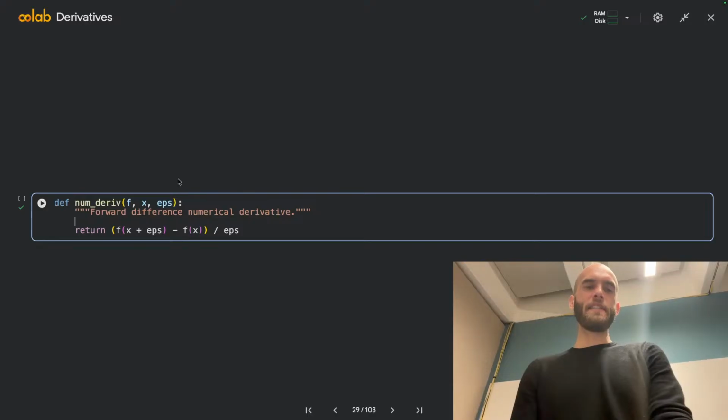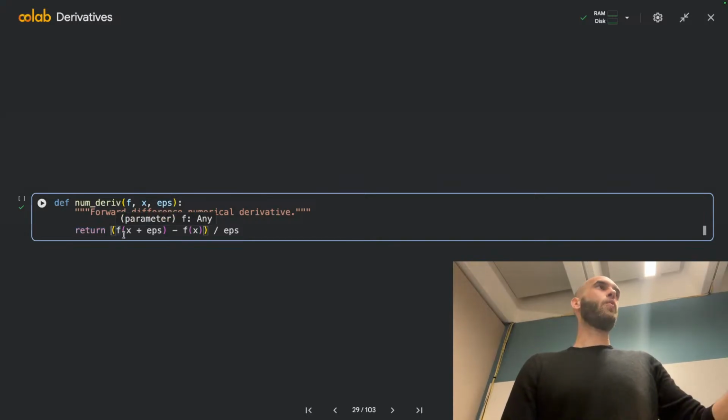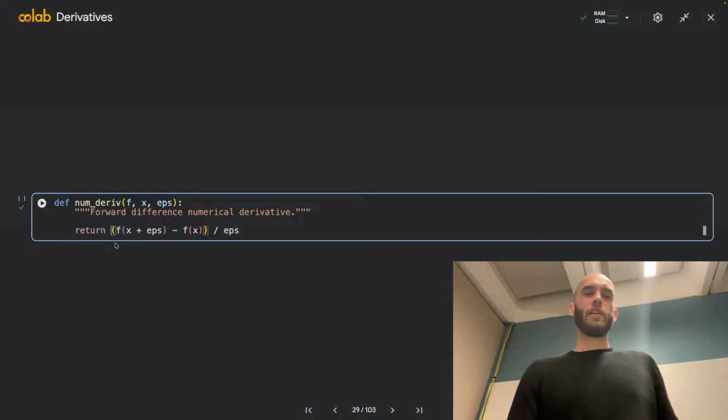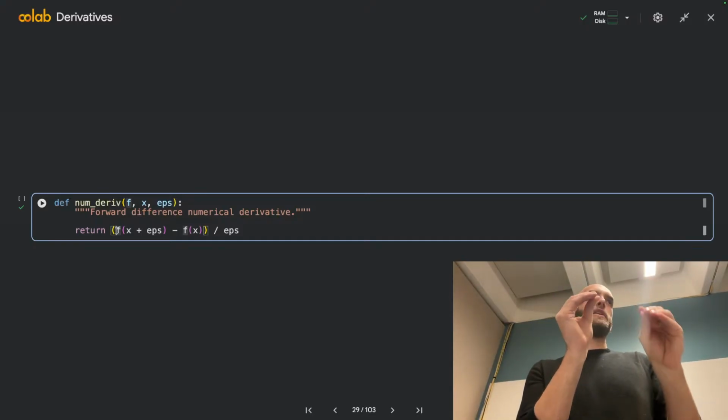Okay, and then inside I've given it a description. This is just the forward difference. So we're looking at the forward difference version of the derivative, and we're approximating a numerical derivative. And then this last line here is return. This is just, we want the function to give us something back. So I'm defining what that thing is. What I've written after the return should look identical to the small difference version of the approximate derivative, right?